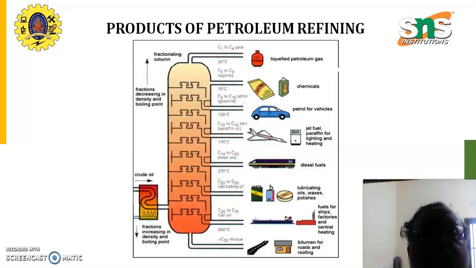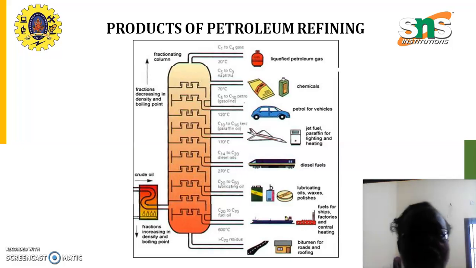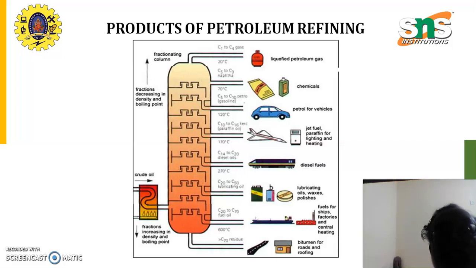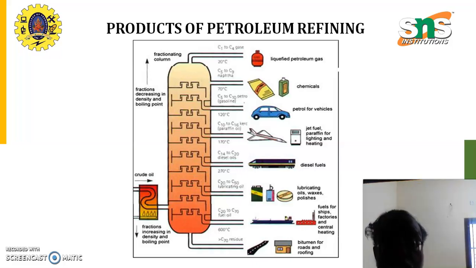The second form, C5 to C9, that is naphtha, is used in chemicals. We know the chemicals are used in various applications. The most important form is gasoline, that is petrol, which is used mostly in vehicles.